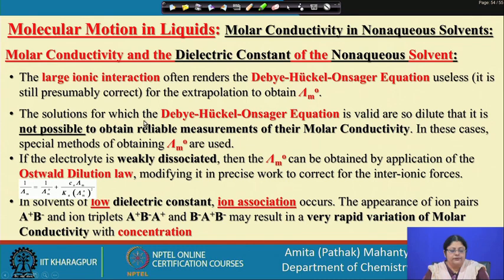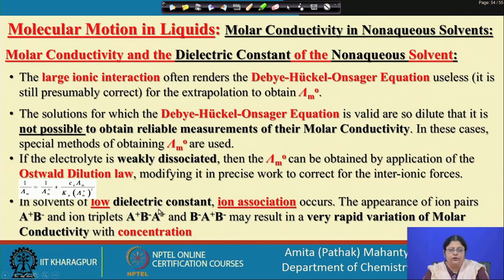But the solutions for which the Debye-Falkenhagen equation is valid are so dilute that it is not possible to obtain a reliable measurement of their molar conductivity. In these cases, special methods are to be used to find the lambda naught value. If the electrolyte is weakly dissociated, the limiting value of molar conductivity can be found by using the Oswald dilution law.